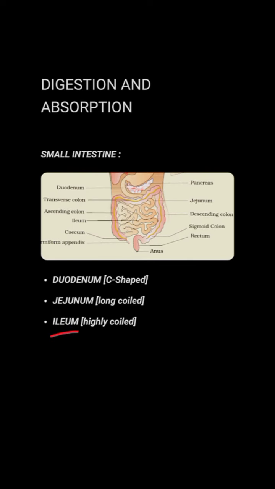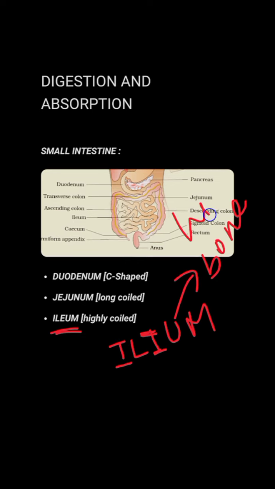Here we have the ileum, a part of the small intestine, and there is another similar-sounding word, spelled Ilium. It is also in the human body, but you should not confuse these two. It is a hip bone. You may remember it by pronouncing them as Ileum and Ilium, so that you do not confuse them.